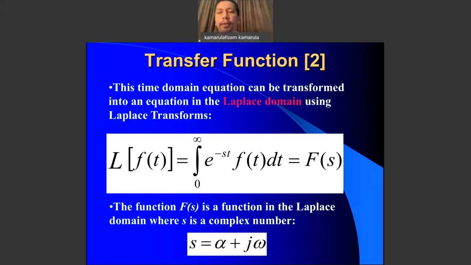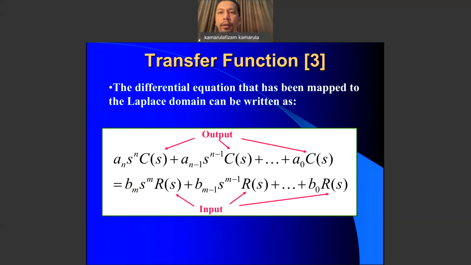In the Laplace domain, the s is represented by alpha plus j omega. So the whole equation of this frequency domain transformation can be represented by just using the F of s. All right, it's the same thing there.